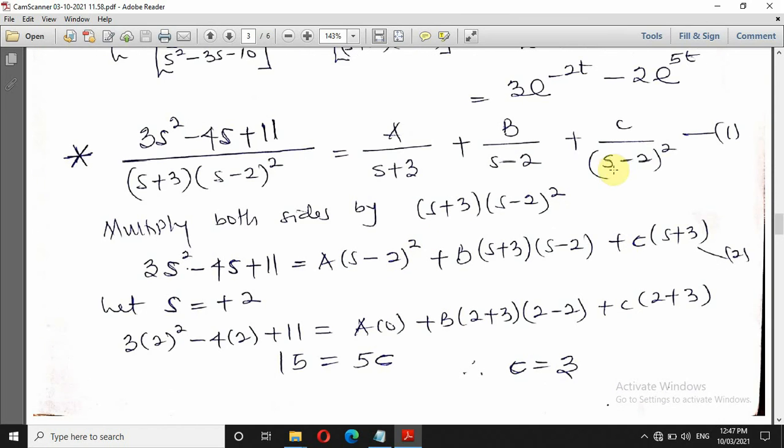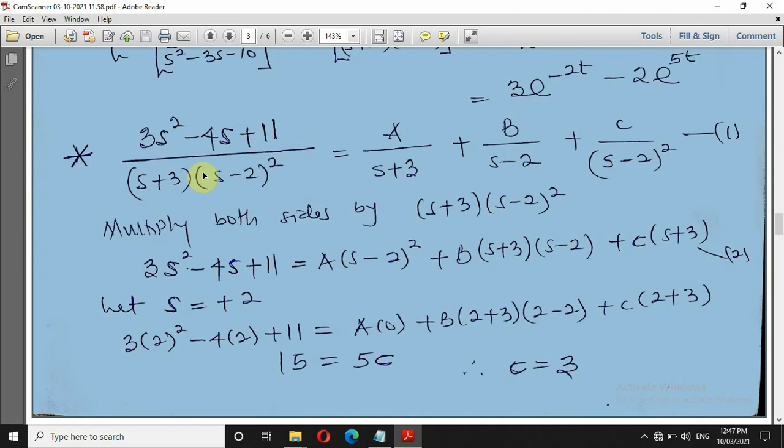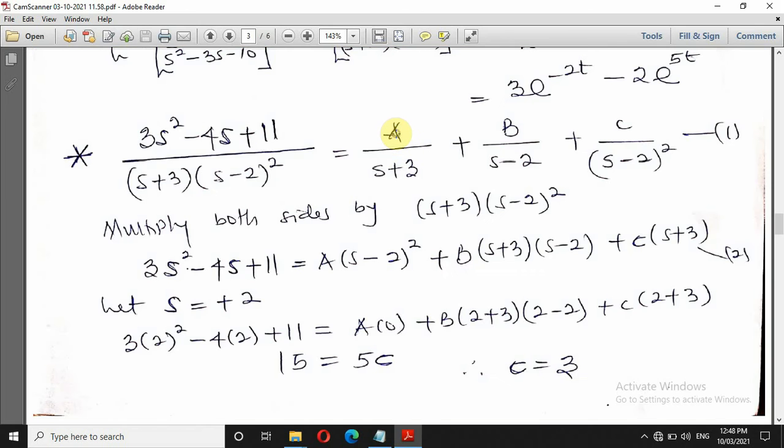What's the next step now? After you have it in simple fractions like this, you multiply both sides by the denominator. By the time you put the denominator here, it will cancel this. So what we have is 3x squared minus 4x plus 11, which is the numerator here now, equals everything here, you put it down here, you multiply by a. So x plus 3 that you come here, we cancel, then you now have a multiplied by x minus 2 squared.